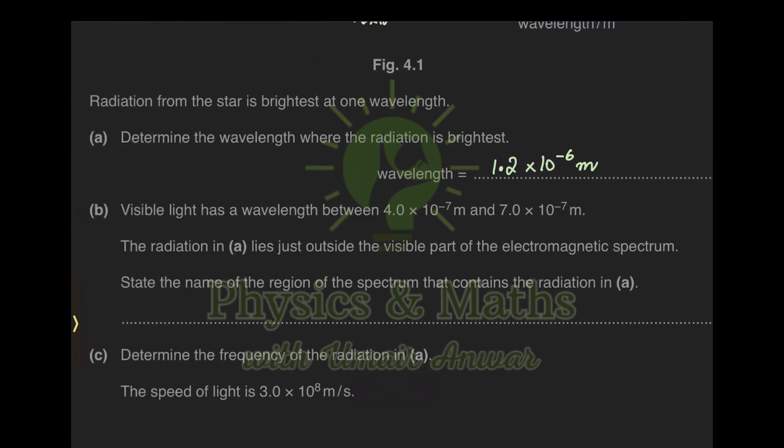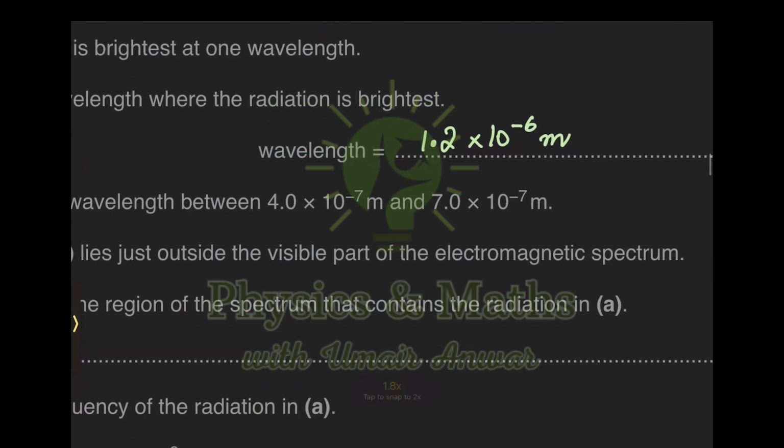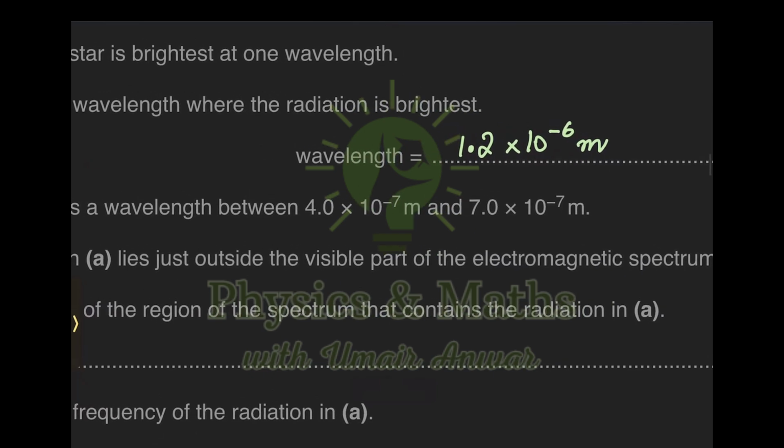Visible light has a wavelength between 4.0 into 10 raised to minus 7 meters and 7.0 into 10 raised to minus 7 meters. So now we are talking about the visible light, and the range of wavelengths in which the visible light's colors are falling are given by these values.